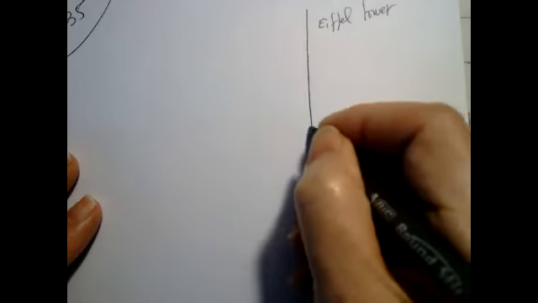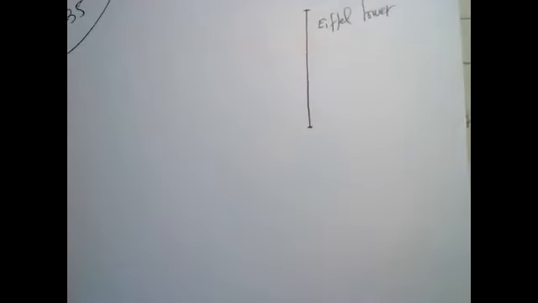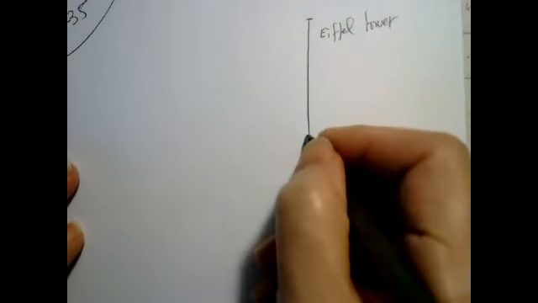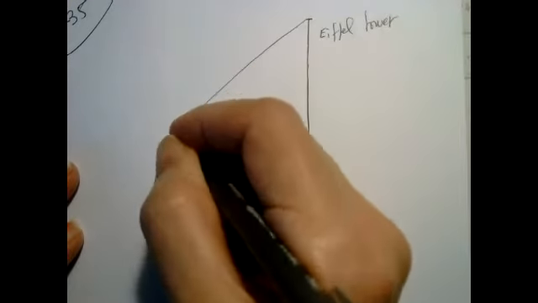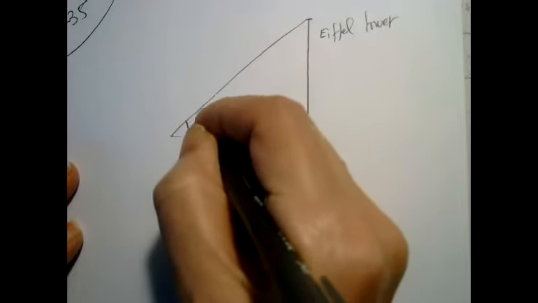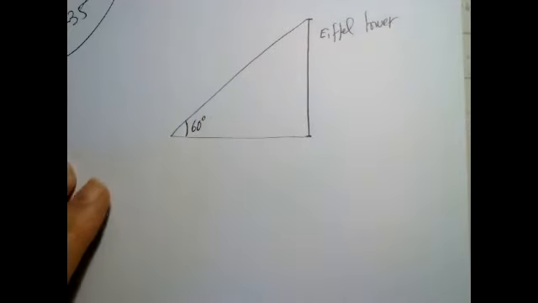Okay. And the picture was like this. So you have the Eiffel Tower here. We don't know what the height of it is. So what we do is we go a little bit far away and we measure the angle. And I realize that the angle is 60 degrees.